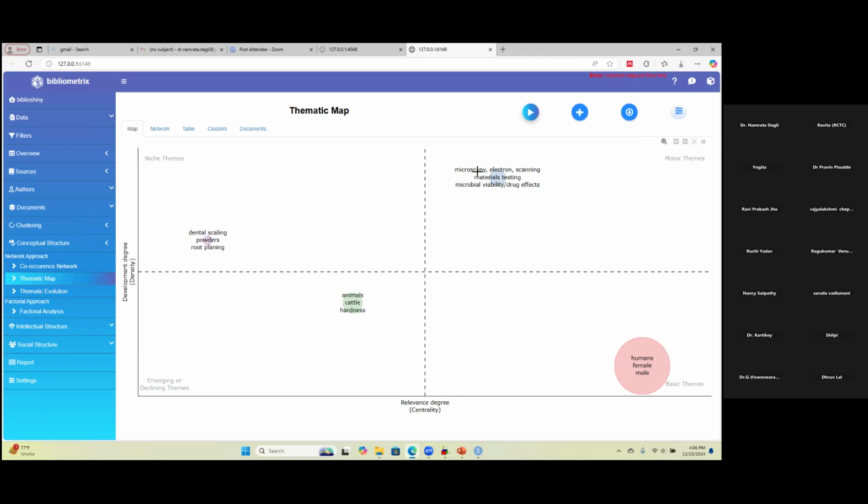So these are the terms that are most relevant and most researched. These are the terms that are declining or emerging. It shows similar data for emerging and declining, but based on our knowledge or on literature review, we can find which term is emerging and which is declining.